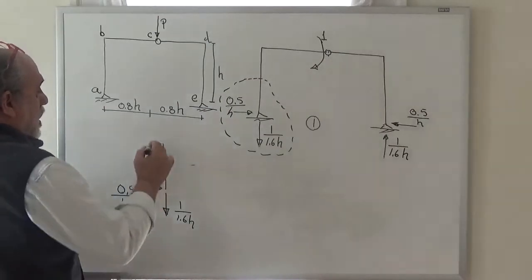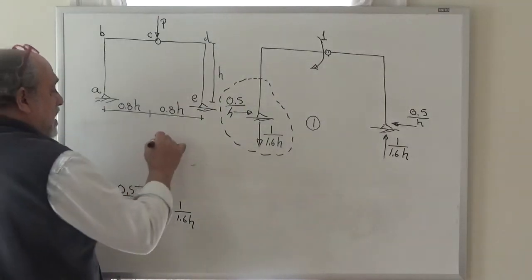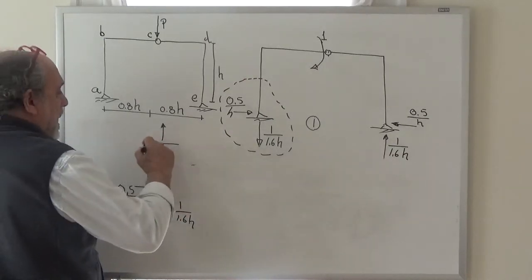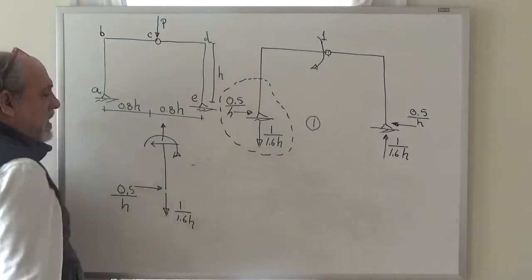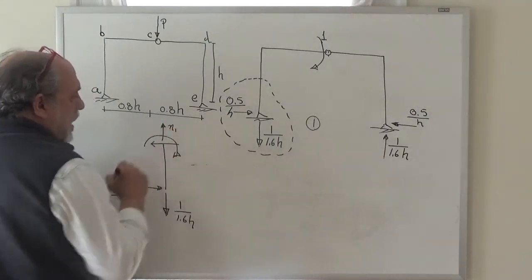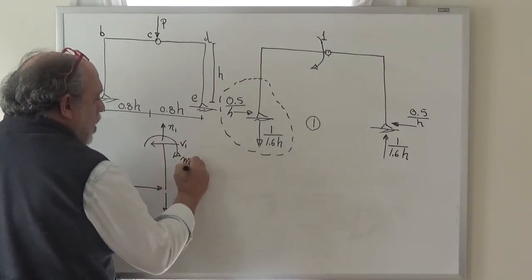Therefore, in general, there is a shear there. In general, there is an axial there, which I can choose any directions I want, right? And in general, there is a moment there, which I can take any directions I want. This one will be called N1. This one is V1, and this one is M1.